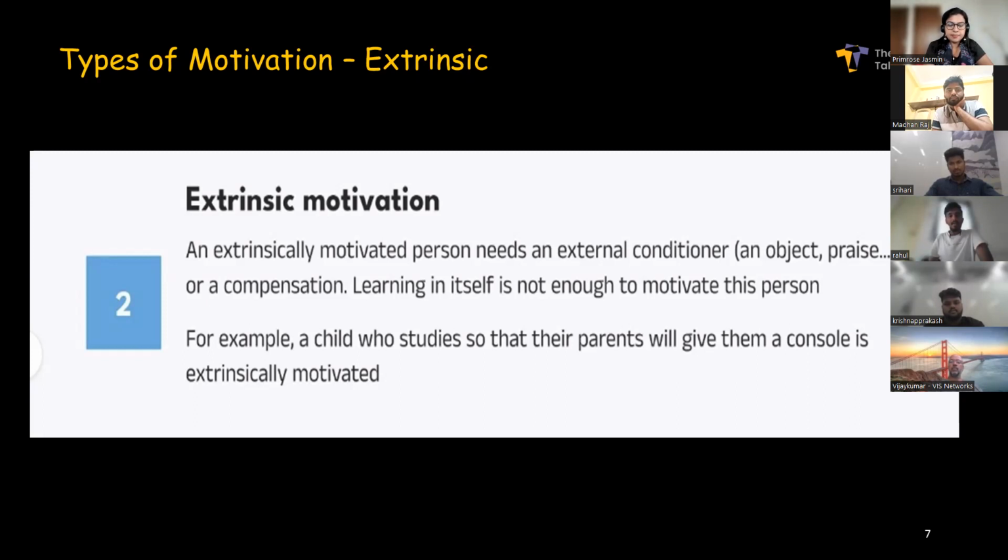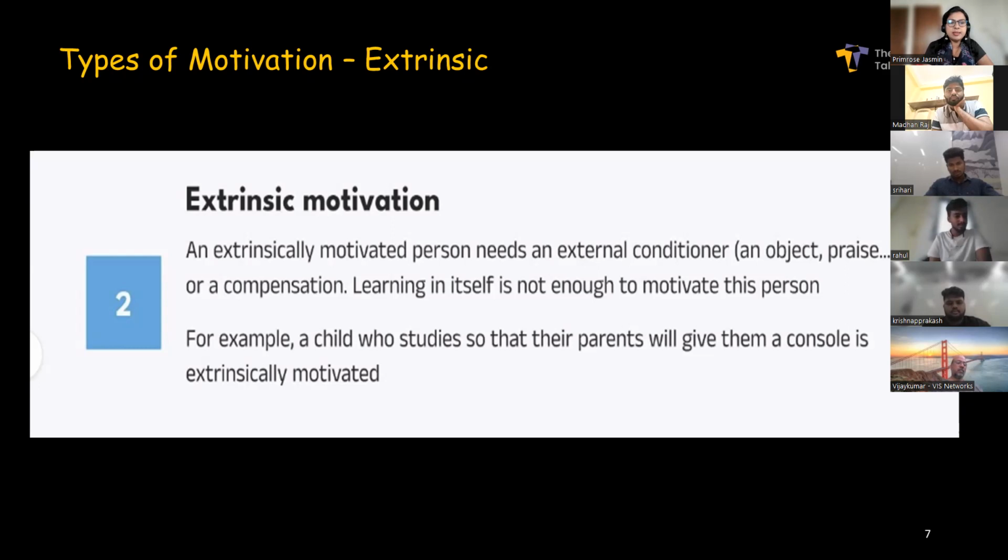Yeah. Learning it itself is not enough to motivate this person. For Mm, example, a child who studies so that their parents will give them a console is extrinsic mm. motivated. All right. Thank you so much, Rahul, for reading that.